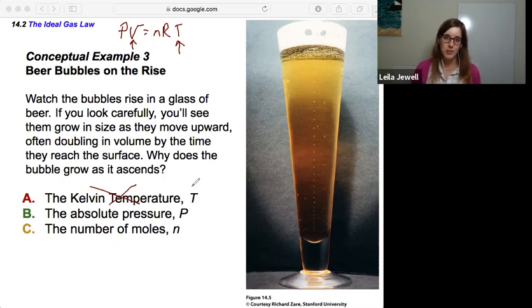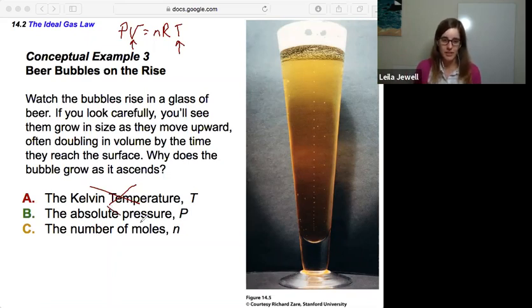It turns out not so much. You can do the calculation. You can treat your beer like water, for instance. Assuming you don't have a beer glass that's a skyscraper, the difference in pressure is not going to be anywhere near big enough for the bubble to double in volume.